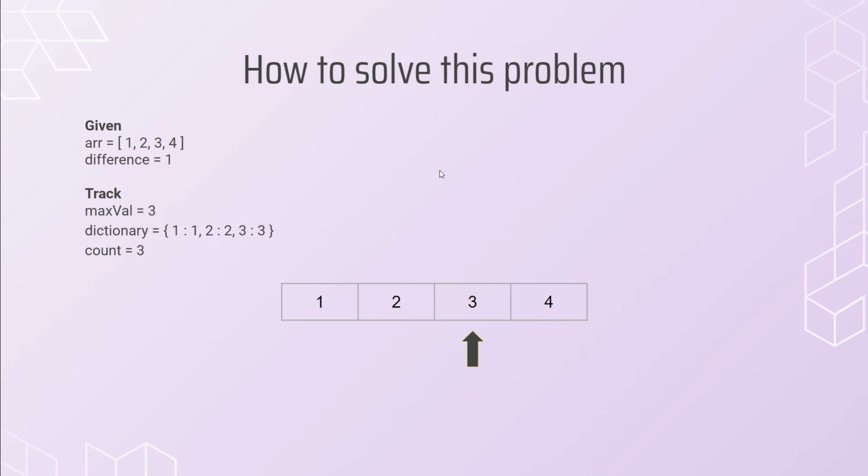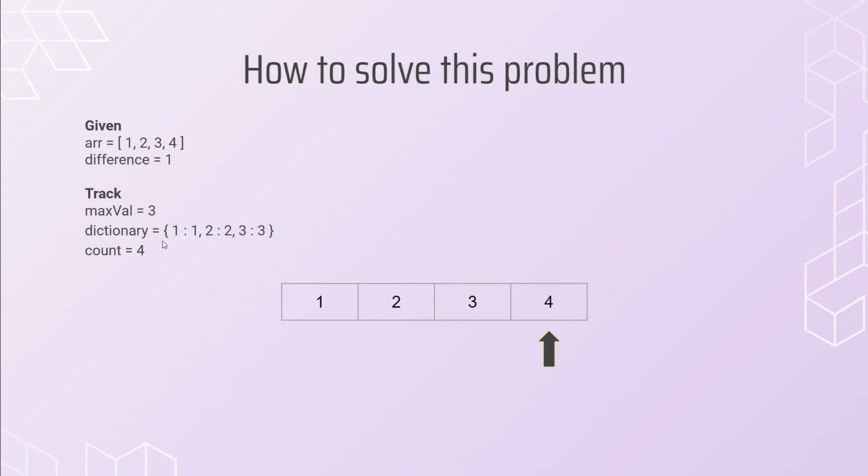The last item we'll be looking at is the last index in the array we're given, and the value is 4. So now we do the same thing. We do 4 minus the difference, which is 1, and we get 3, and we check if 3 exists in the dictionary. We see that 3 does exist in the dictionary, so we add the value for that key to our count, and that becomes 4.